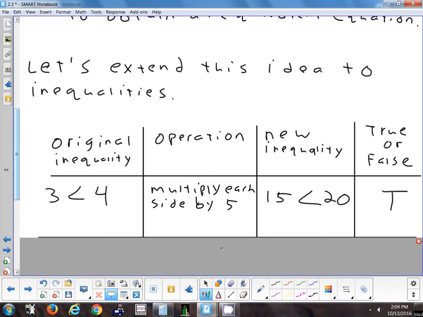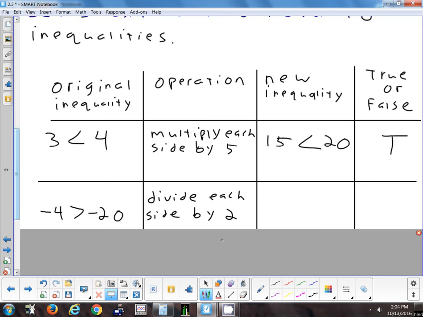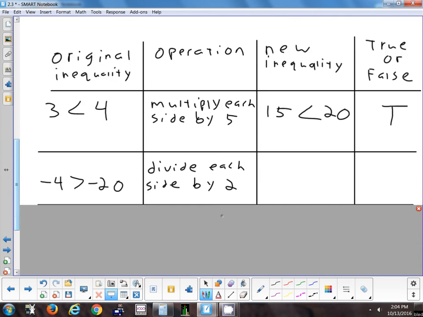Let's try this one. Negative 4 is greater than negative 20. Is that true? Yeah. Negative 4 is a bigger number than negative 20. So we're starting out with something that's true. I'm going to divide each side by 2 and see if it's still true.